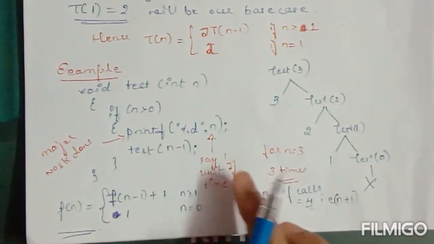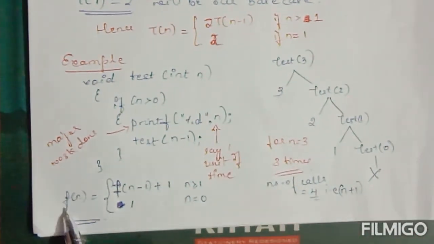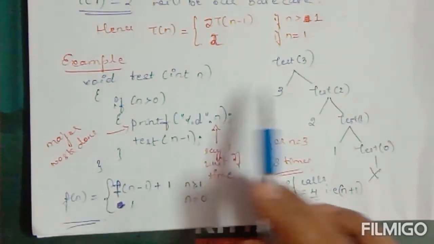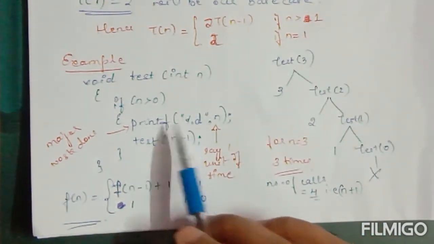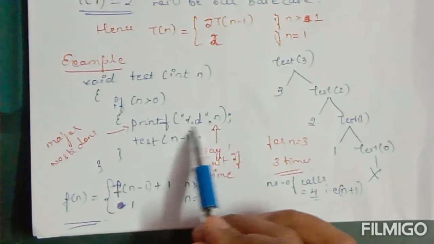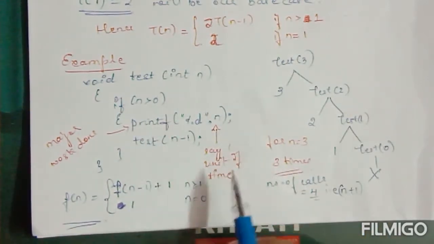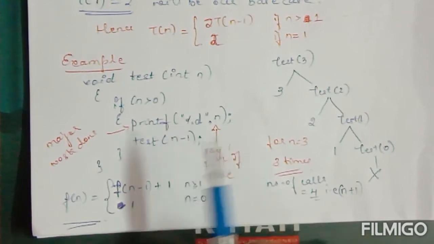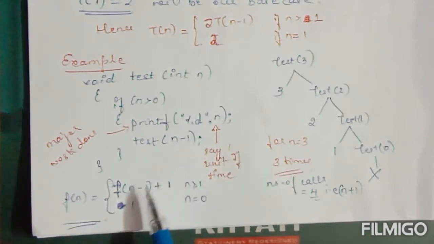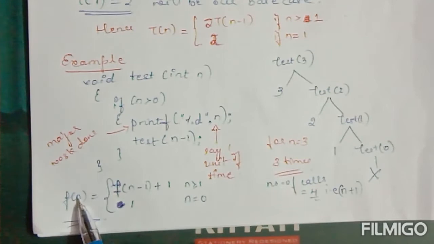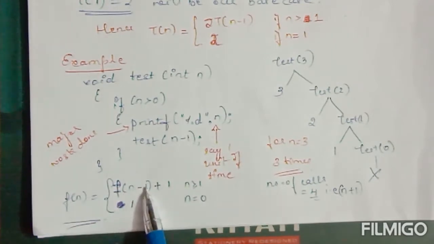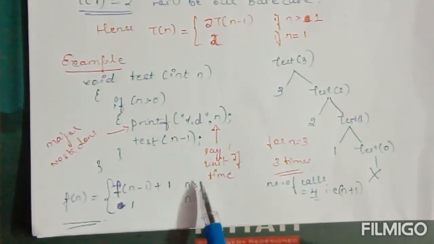So how can I write a relation for this? I'll tell f of n is f of n minus 1 plus, I'll say this particular printing operation takes 1 unit of time. Maybe whatever time it is, 1 unit of time for printing, and it takes again the same relation f of n minus 1 plus 1 whenever n is greater than or equal to 1.